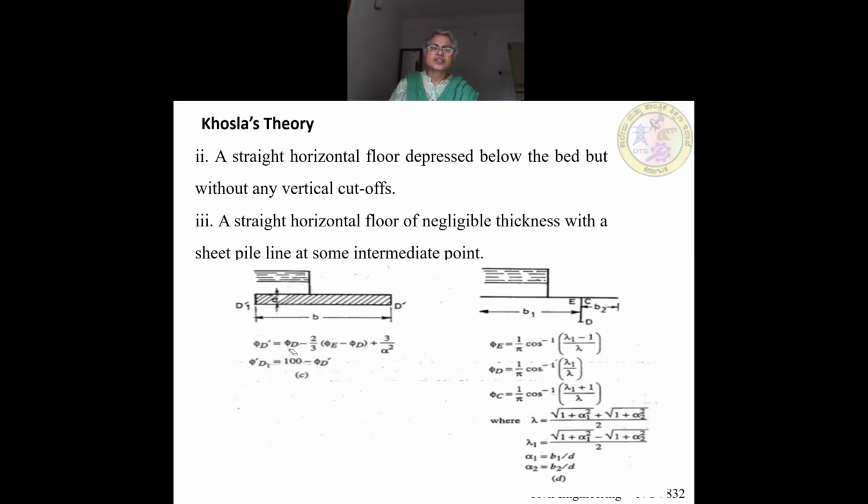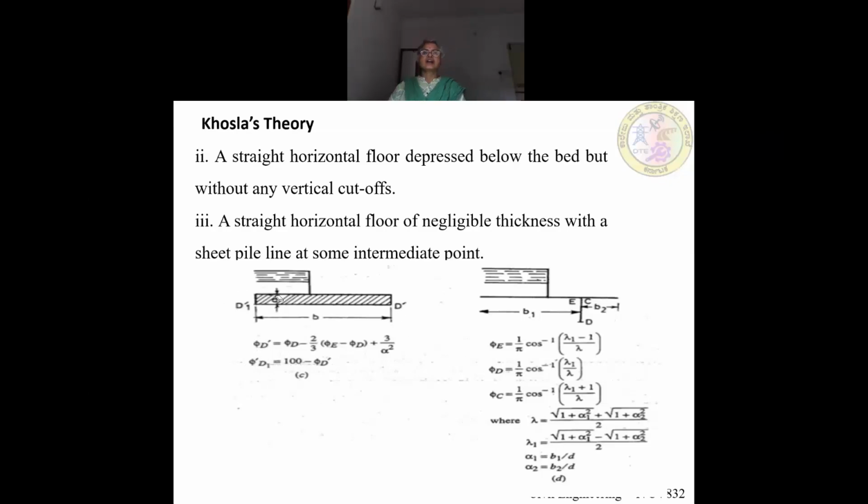Here the pressure is given by phi d dash. First, again, you have to find out on the downstream side phi d minus of 2 by 3 phi e minus phi d plus 3 by alpha square, and it is phi d1 dash. The pressure here can be determined by 100 minus phi. First you have to determine this, and then you have to determine the other.